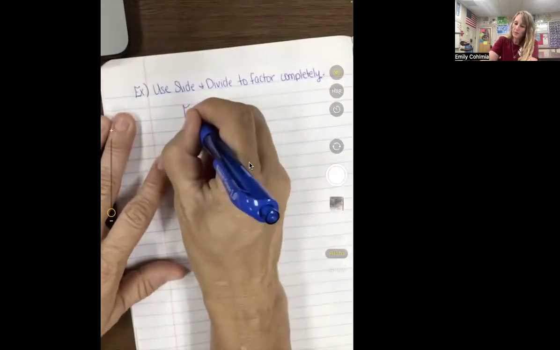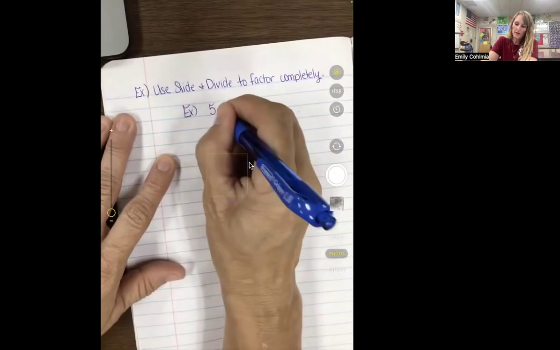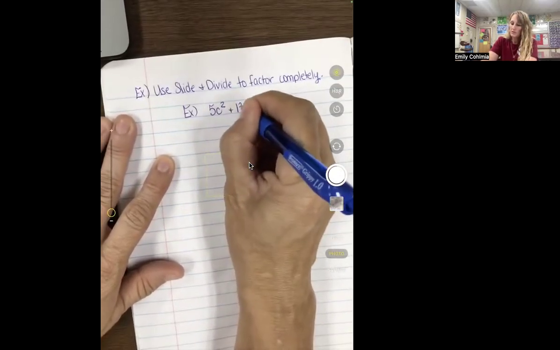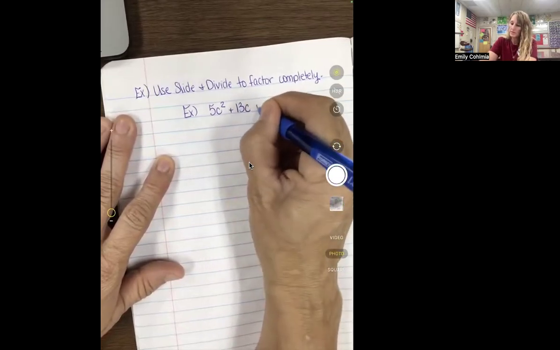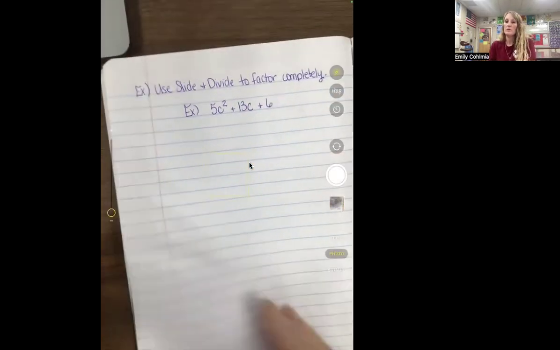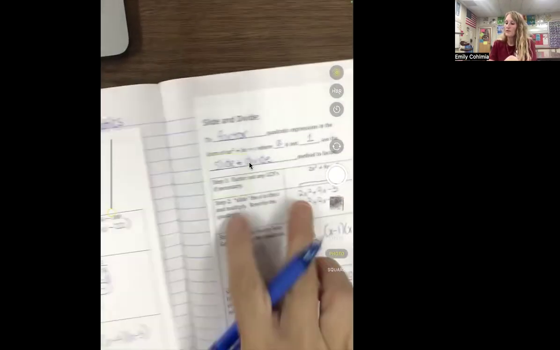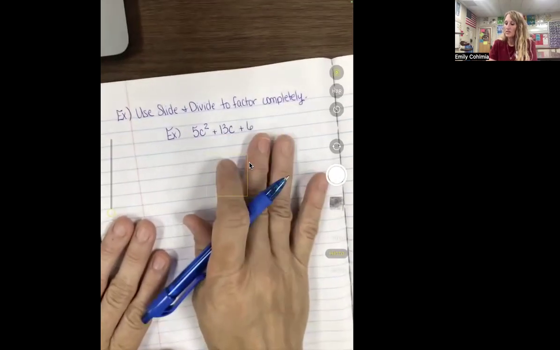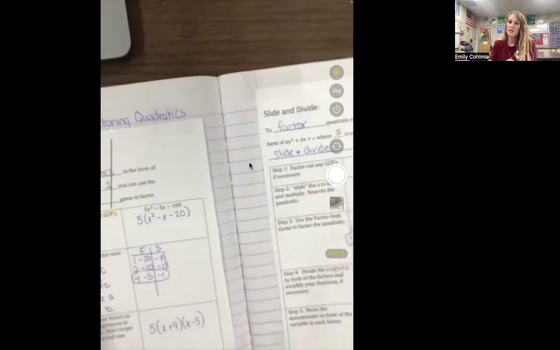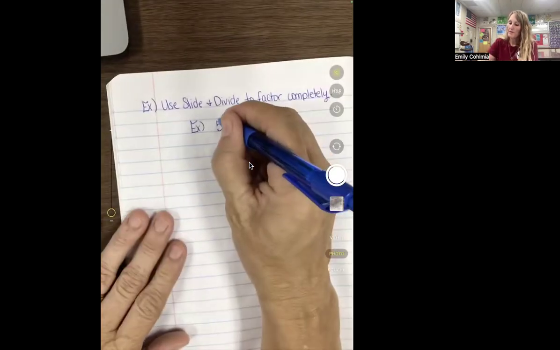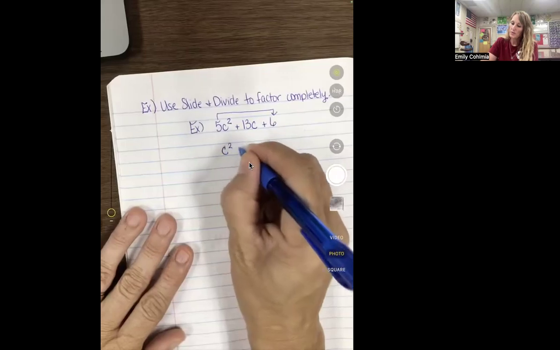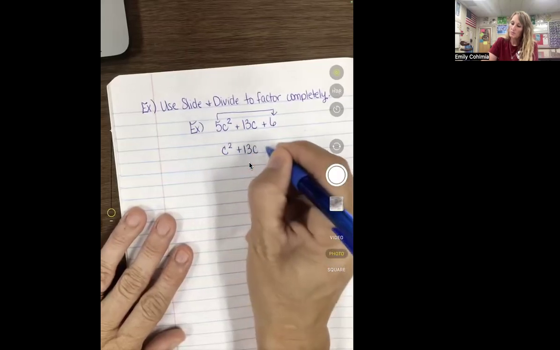And our example that we're going to be using is 5c squared plus 13c plus 6. So going back to our directions, our first step is to factor out any GCFs if necessary. Well, there are no GCFs in 5 and 13 and 6. So our next step then is to slide the a to the c and multiply. So we're going to take our 5, slide it over to the 6, and multiply. So we have c squared plus 13c plus 30.